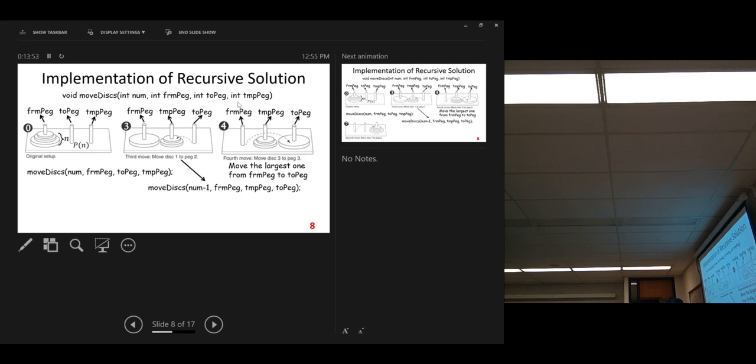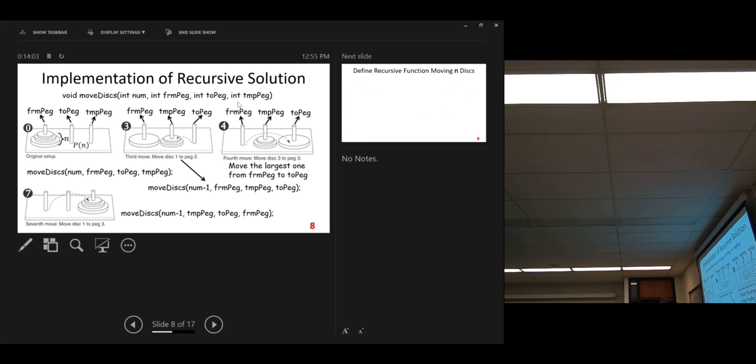This time still n minus 1 size, but the pegs we use are different. This time the starting point is the temp peg. The destination is the to peg, and the from peg is used as our temporary manipulation peg.